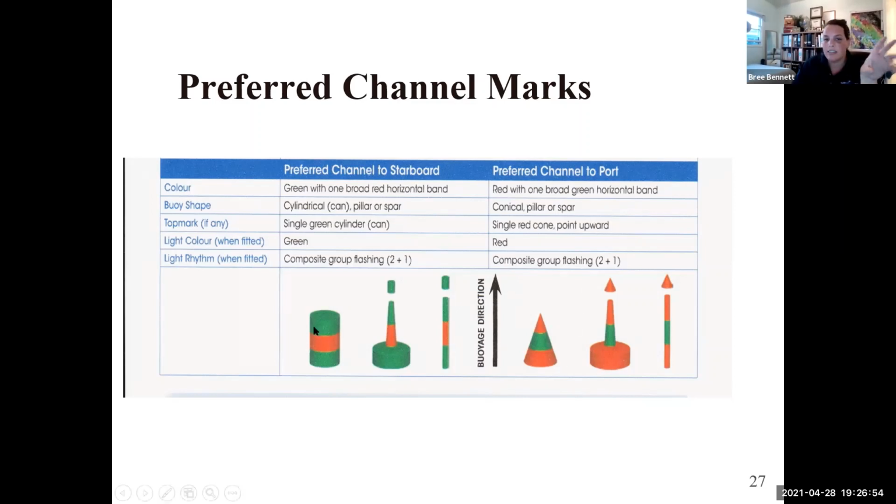Its main way, if you're going to the preferred channel, you're using most of the color. It's a green buoy. Use this as a red buoy. If you want to go the secondary, the less preferred channel, you can use what the stripe color is. You can treat it as a green buoy, or you can treat this one as a red buoy.